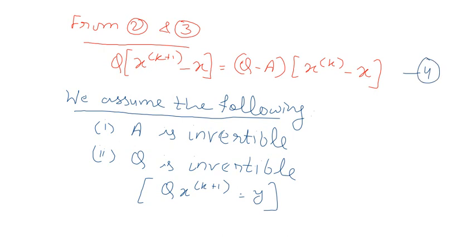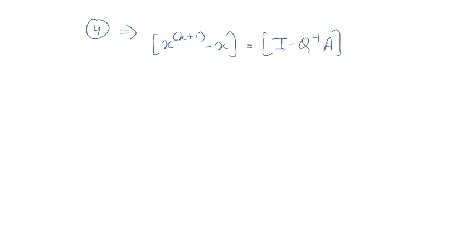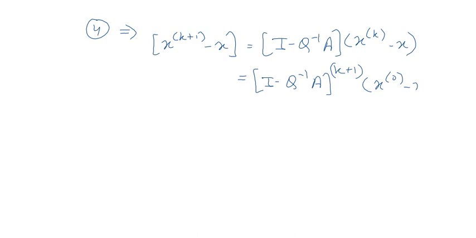Now with these assumptions, 4 implies x_{k+1} minus x equals (I minus Q inverse A) times (x_k minus x). If you repeatedly apply this recurrence relation, this equals (I minus Q inverse A) to the power k plus 1 times (x0 minus x).